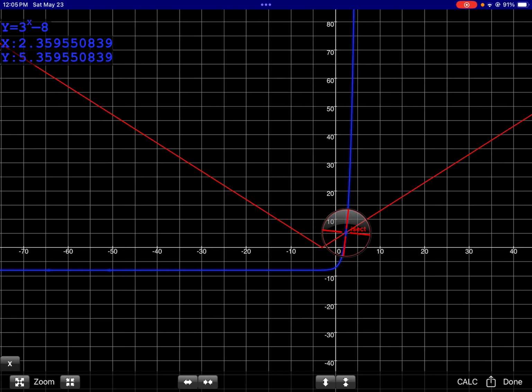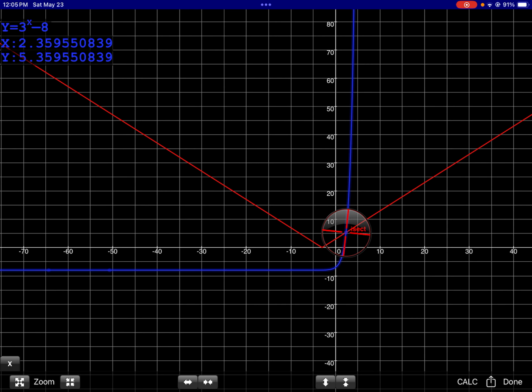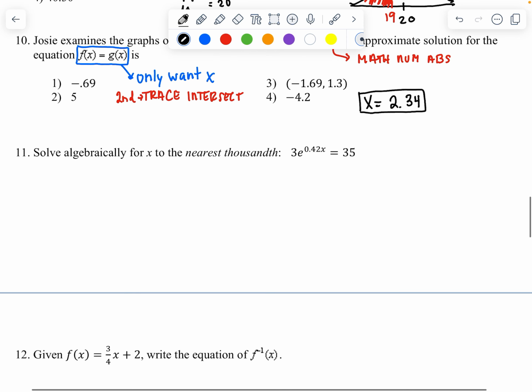Okay, so anyway, I'm going to have to double check that, but it looks like it's at 2.34. And I'm only looking at the x, so I'll have to change your multiple choice answers when I actually give this to you.